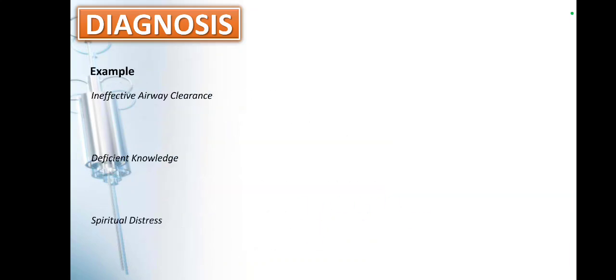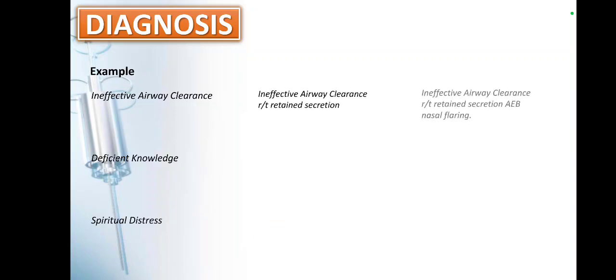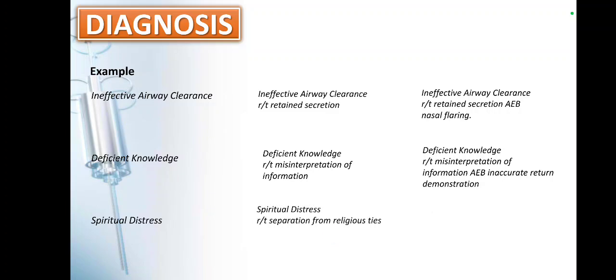The first part, ineffective airway clearance, deficient knowledge, or spiritual distress, is the problem. Now, when we include the etiology, we use the term "related to." So, ineffective airway clearance related to retained secretion.